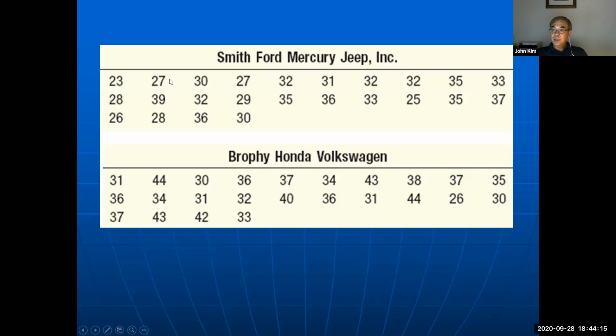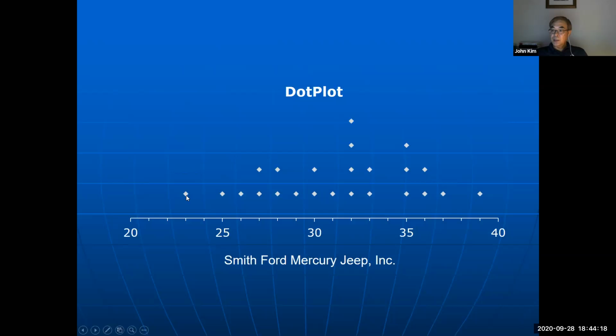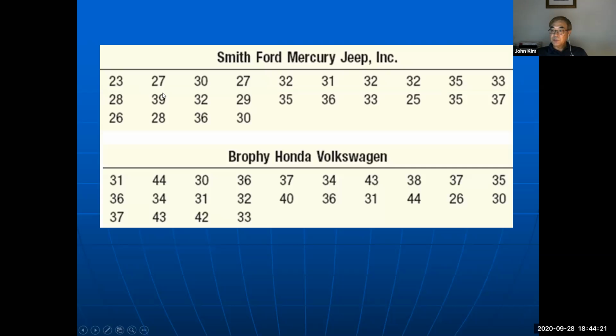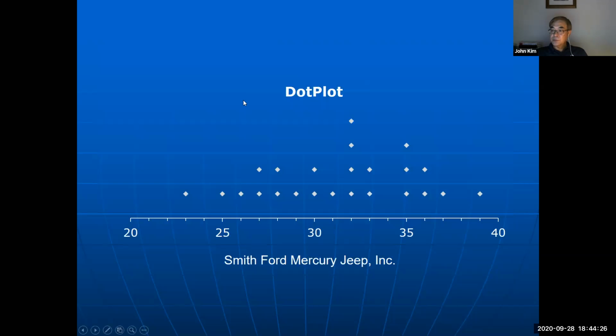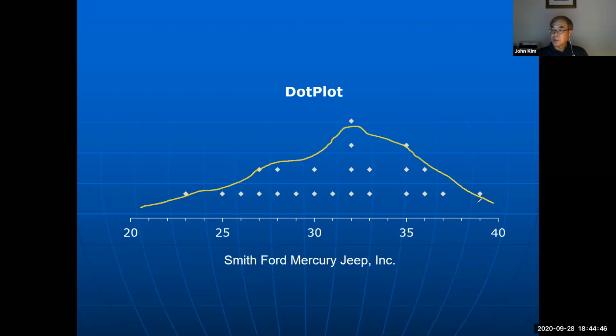So 23 has a dot here, 27 here, and another 27 piles up, and so on. If we draw a line like this, we can show the data using a dot plot, and it looks like a distribution.